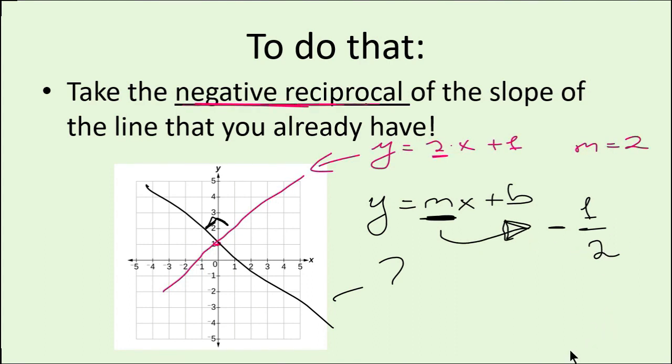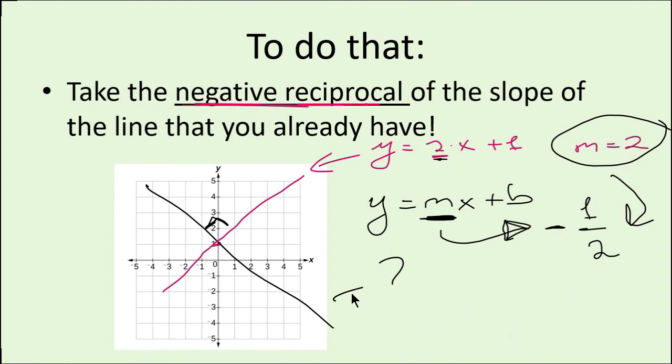Again, I will repeat myself. In order to find the slope of a line that is perpendicular to y is equal to 2 times x plus 1, you need to take the slope of this pink line, and that is 2, and you take the negative reciprocal. So you divide 1 by that slope, which is 2, and change the sign to negative, right?